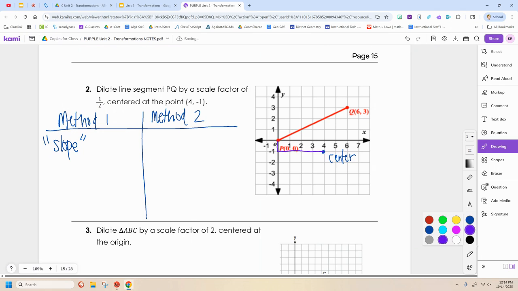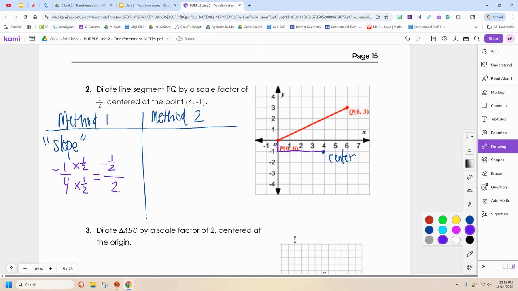Okay. So the slope is down 1 over 4. If I take both of those and multiply it by half, change in y over change in x, what's half of 1? Half, right? So down a half and over what's half of 4? 2, right?